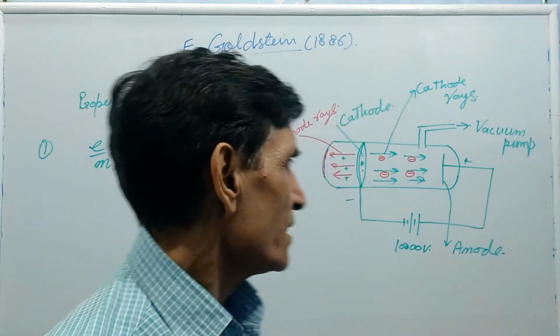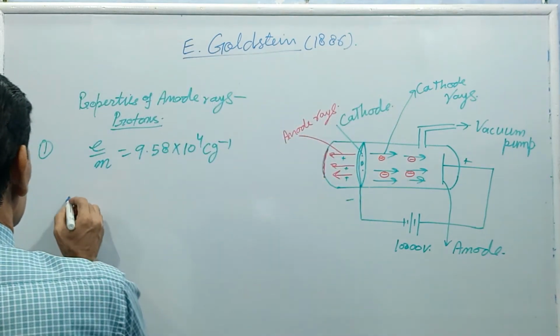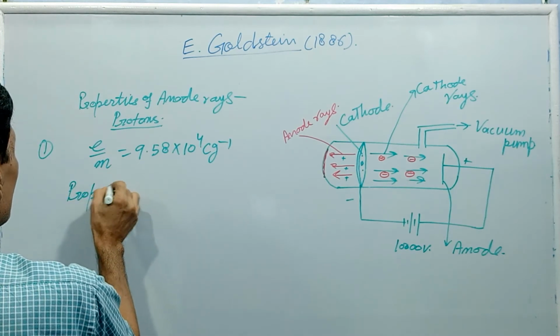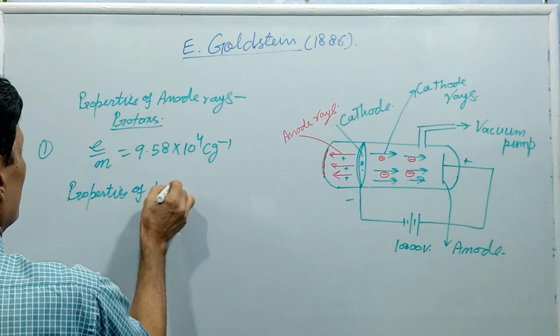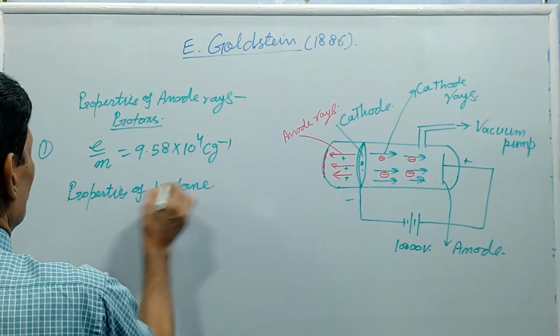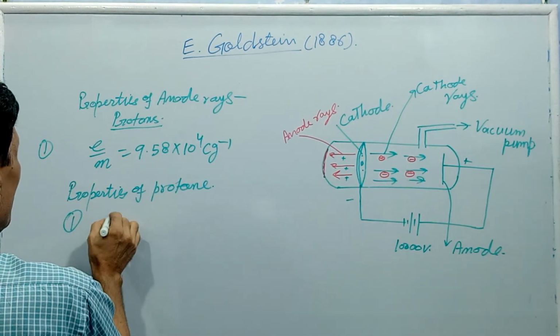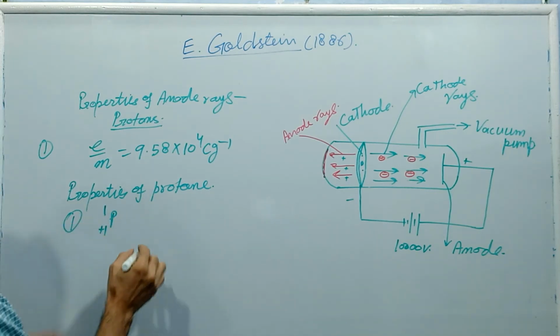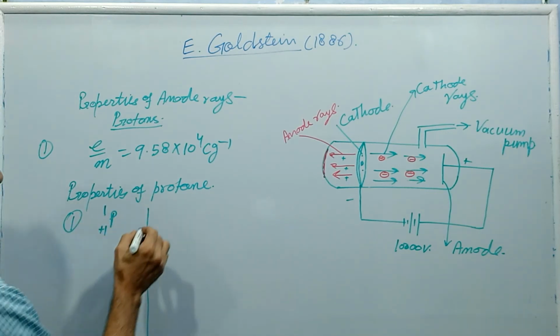Now, properties of protons. First, represented by 1 unit positive charge, mass is also 1. I am writing here proton.